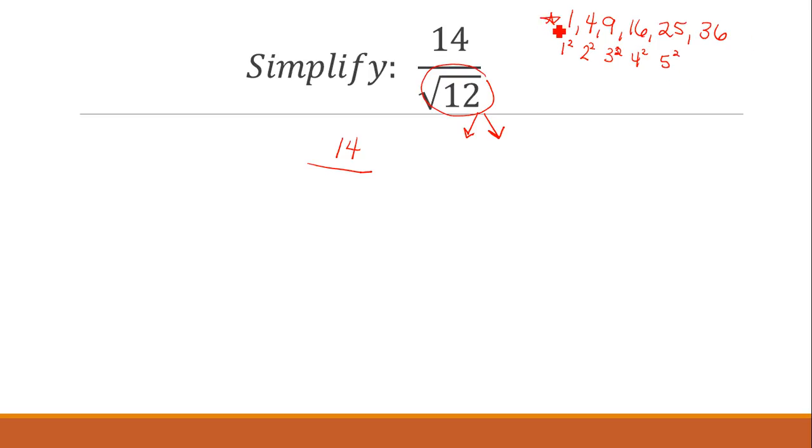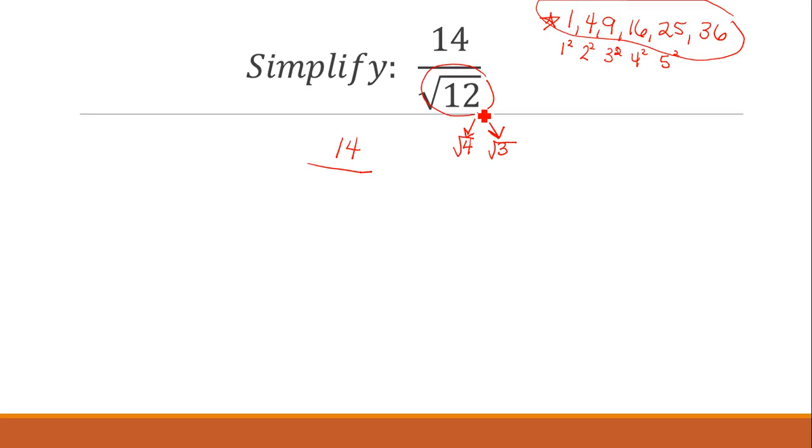This list of perfect squares needs to be something we're familiar with, because then I can ask myself which of these numbers divides out of the number 12 evenly. Does 12 divide by 9? No. Does it divide by 16? No. But it is 4 times 3. 4 divides out of the number 12 evenly.